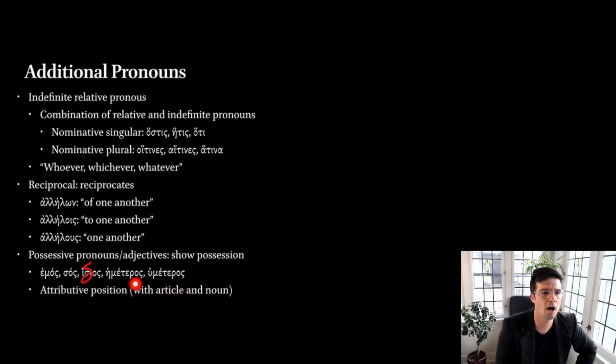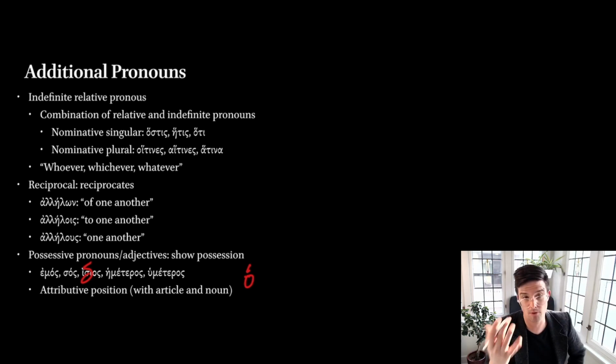All of these are possessive pronouns or possessive adjectives, and they will appear in attributive position. So if you wanted to say my son or something, we have the article, and then the adjective, the possessive adjective or possessive pronoun.